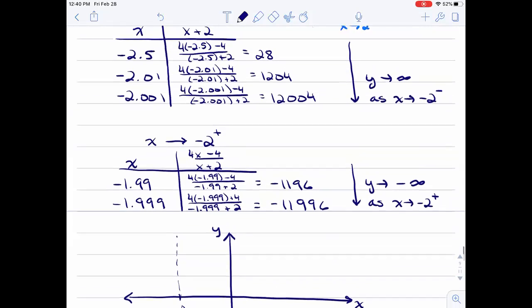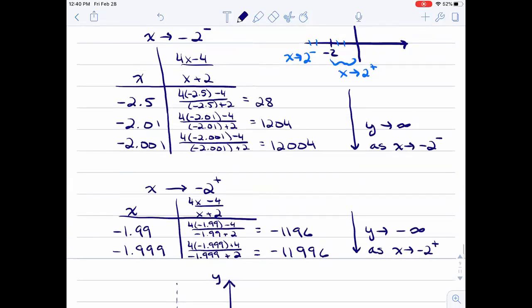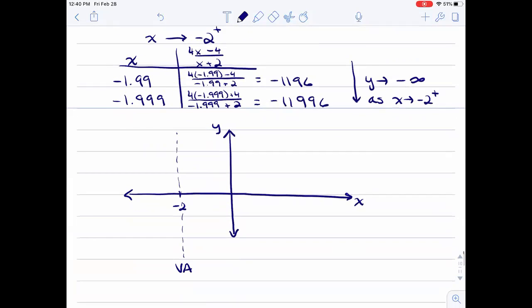But in general, as we're coming in from the left of -2, it seems to be increasing, right? And so it might look something like this. But then as we're coming into -2 from the right, it seems to be decreasing. So it might look something like this.